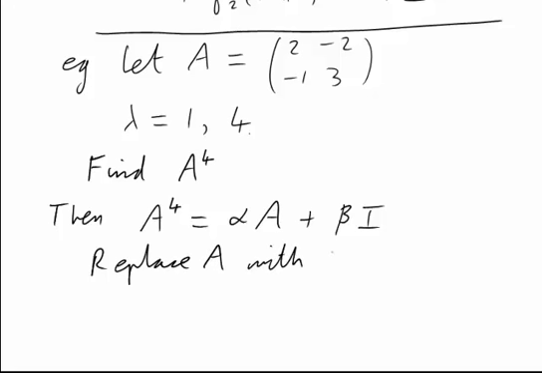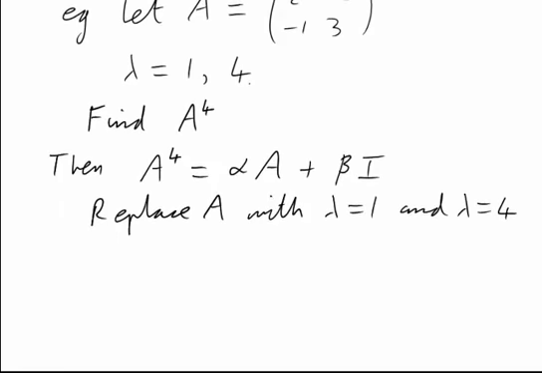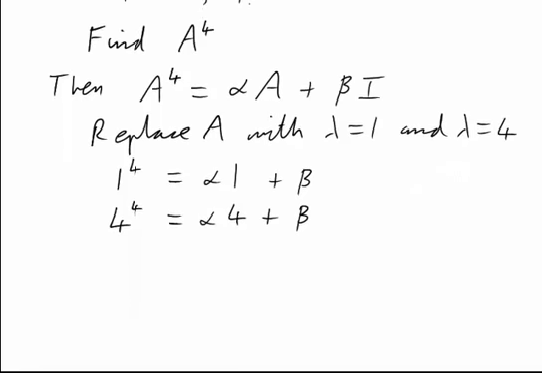Those two eigenvalues were 1 and 4. So we could take this equation and write 1 to the power 4 equals alpha times 1 plus beta. The identity matrix is simply replaced with a number 1. And 4 to the power 4 equals alpha times 4 plus beta. That gives us alpha plus beta equals 1, and 4 alpha plus beta equals 4 to the power 4.